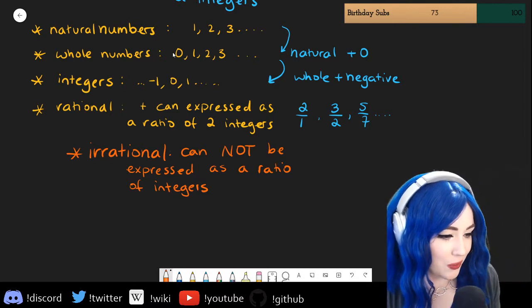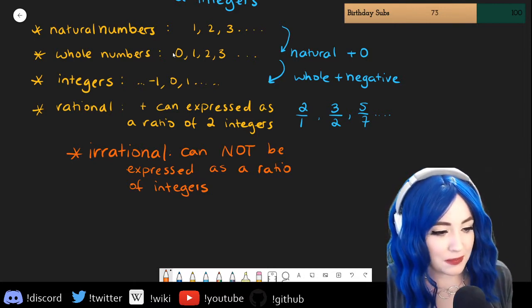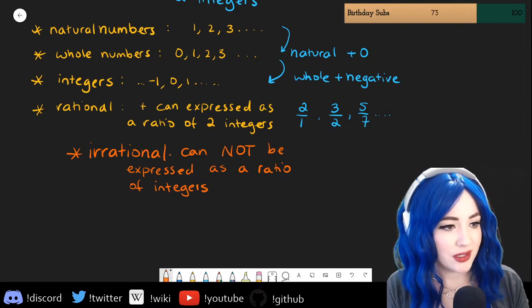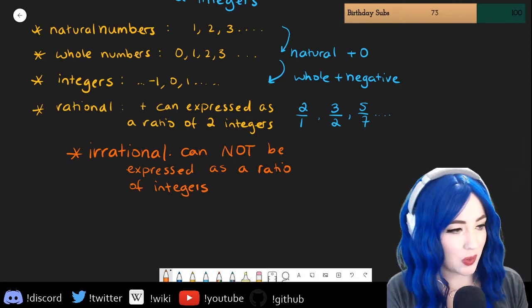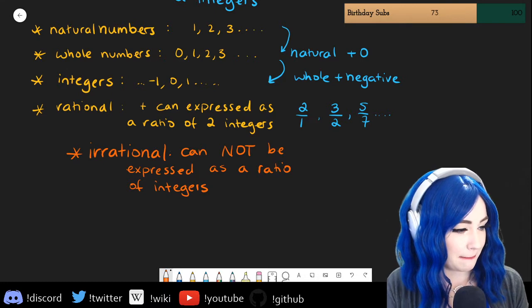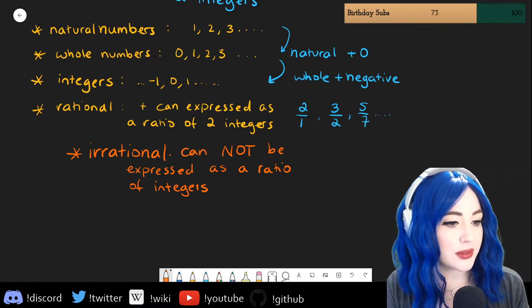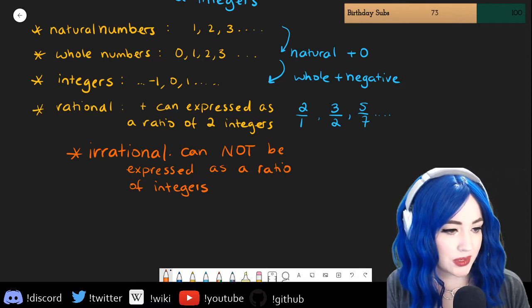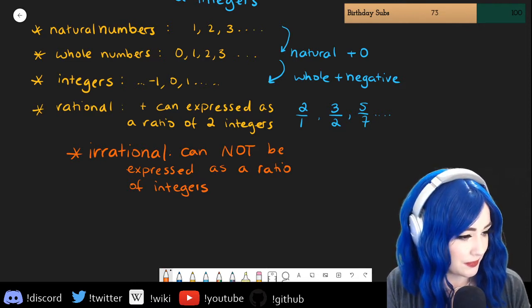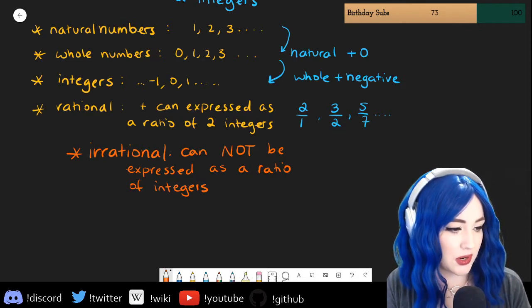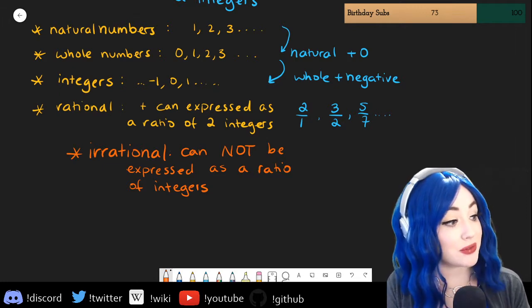Because you say natural numbers include 0. I had it the other way around and then someone corrected me, so I figured I must have swapped it. Let's see. Whole numbers include 0. So yes, 0 is a whole number. So natural numbers do not include 0.